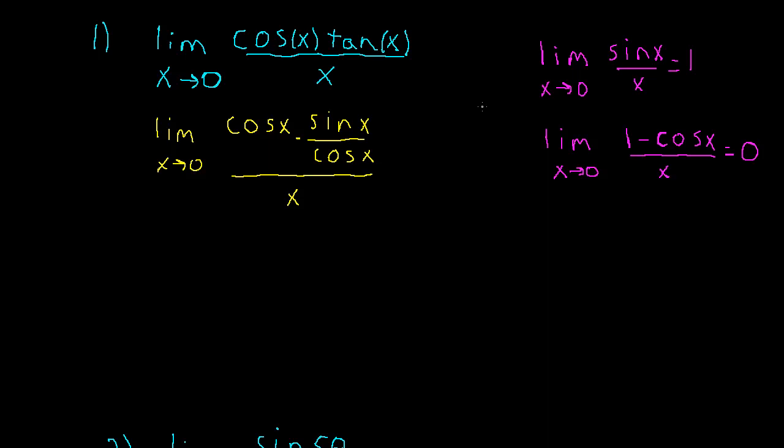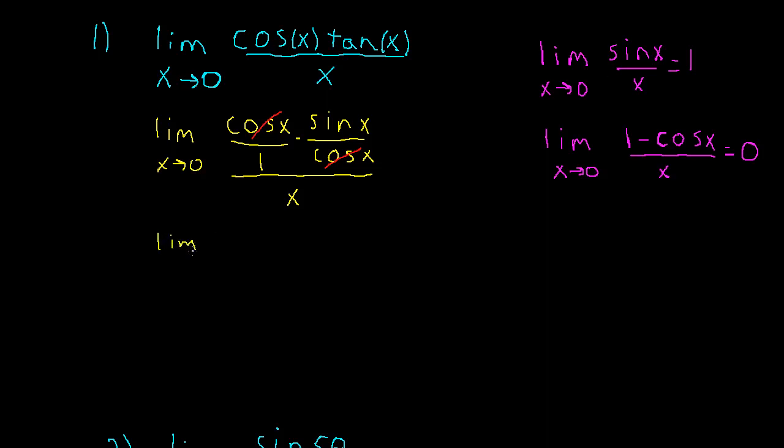If we do this, if you need to put a 1 under here, that's okay, you can do that. Now you'll notice that in the numerator this cosine reduces with this cosine, and the only thing left over in the numerator is a sine.